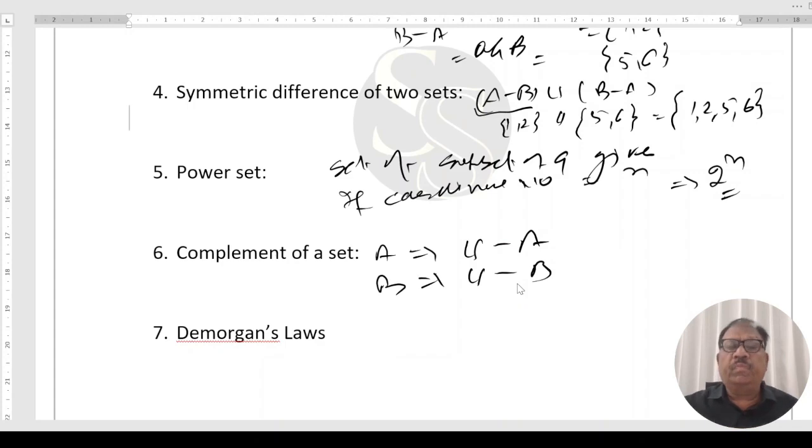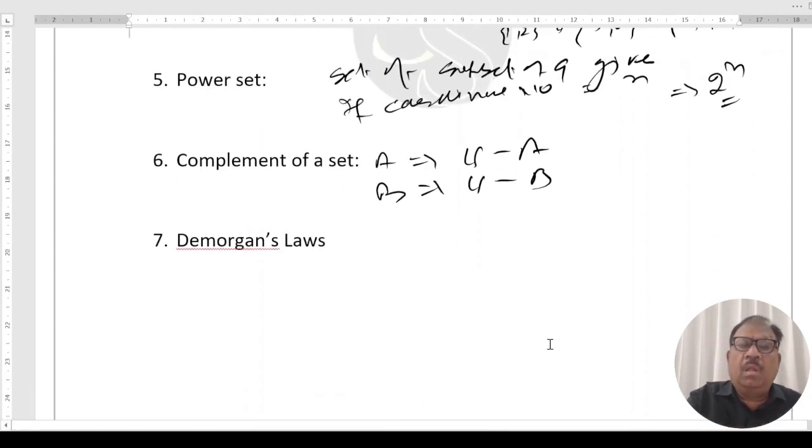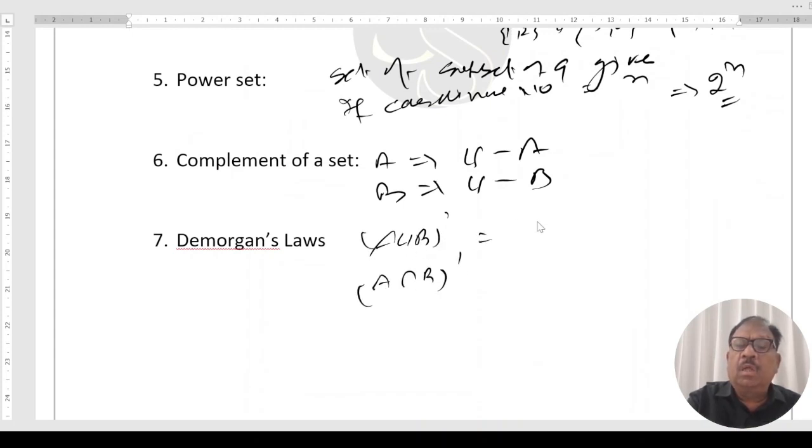De Morgan's law. In De Morgan's law, the complement of A union B is A dash intersection B dash. Union will become intersection, and intersection will become union.